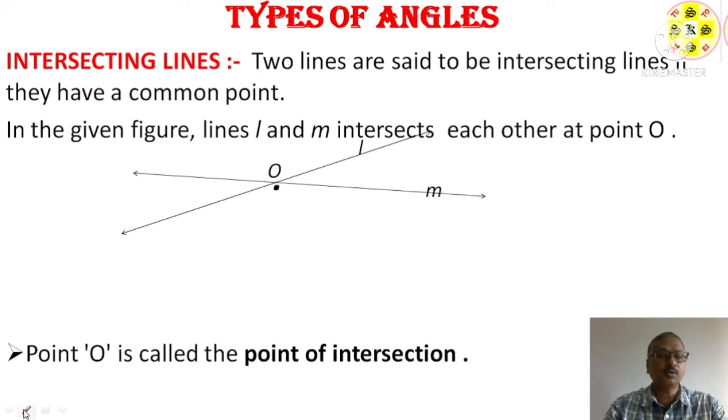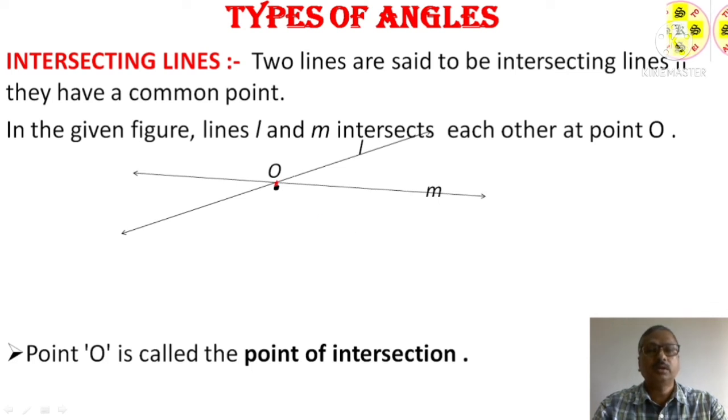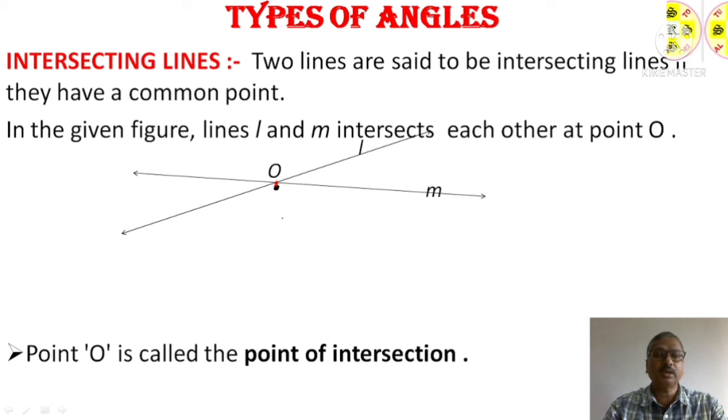So this is known as a pair of intersecting lines. If they have a common point or they intersect at a point, then they are known as intersecting lines.